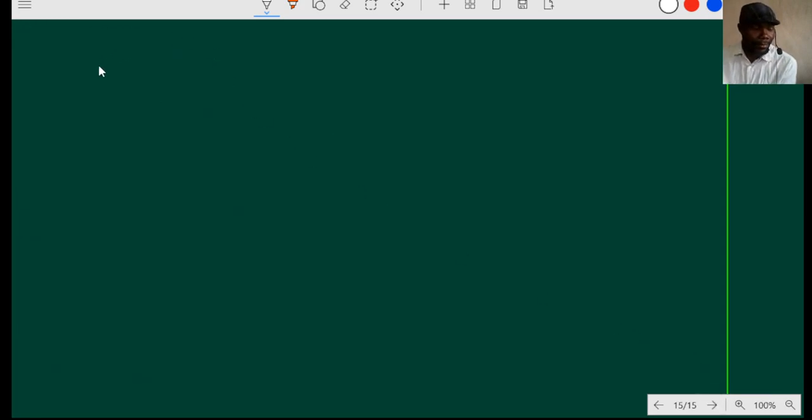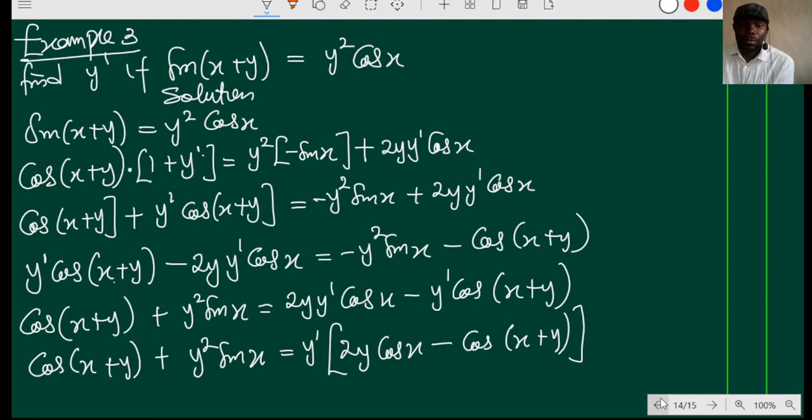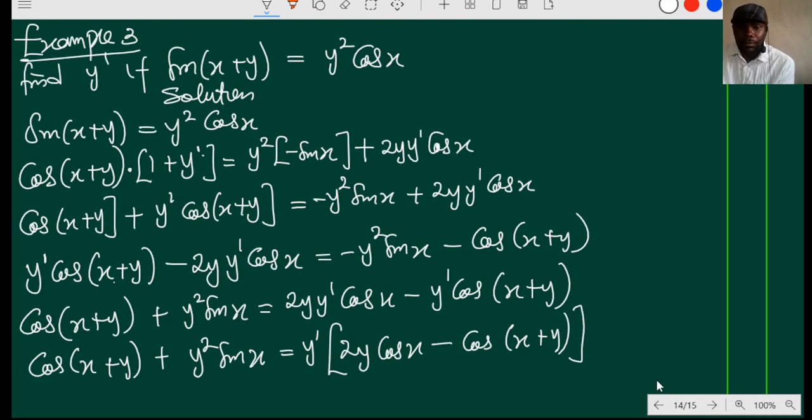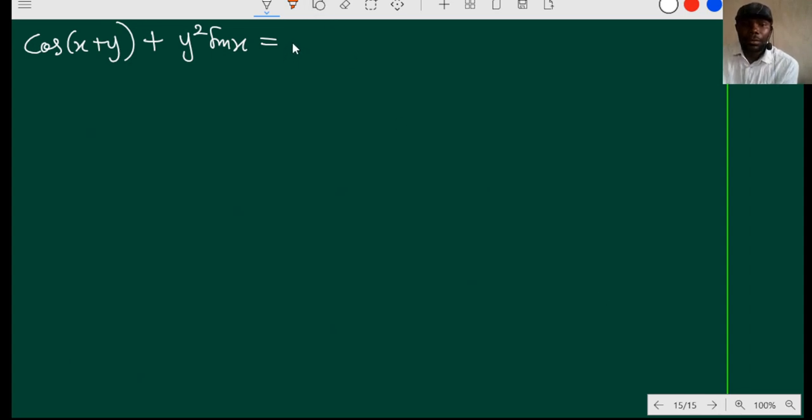You can now say that, let me see the way it is, cos x plus y plus y squared sine x is equal to y prime is common, here.